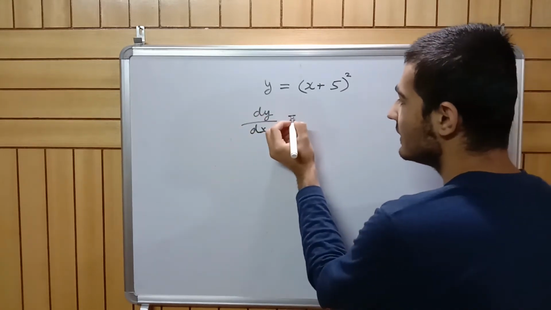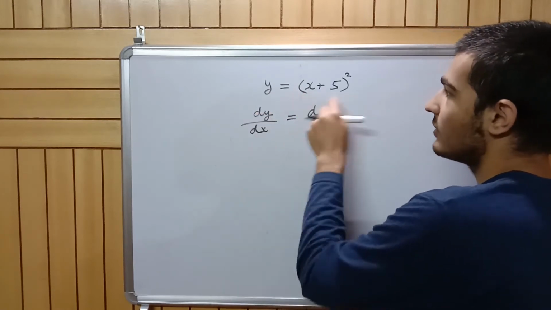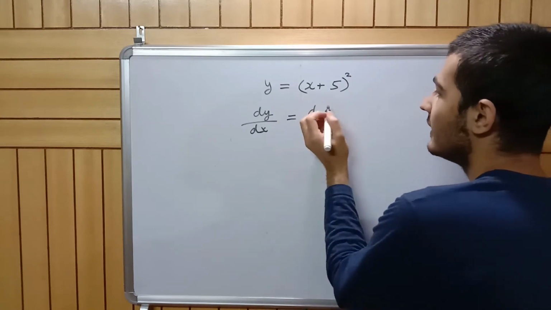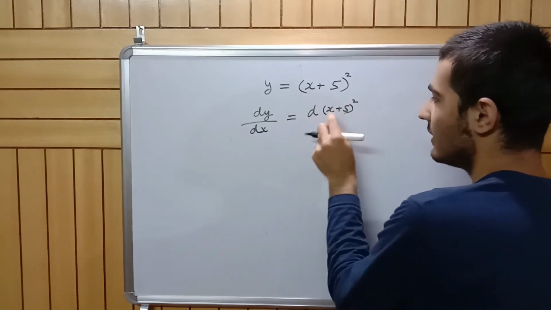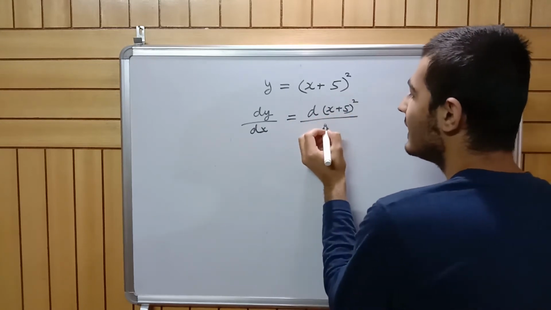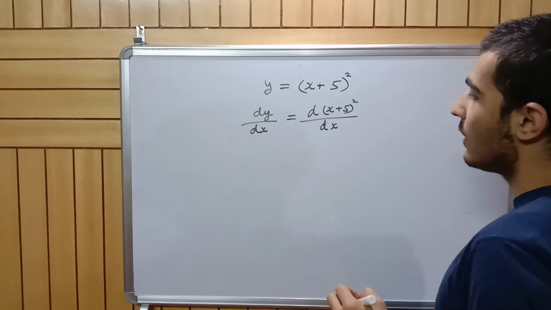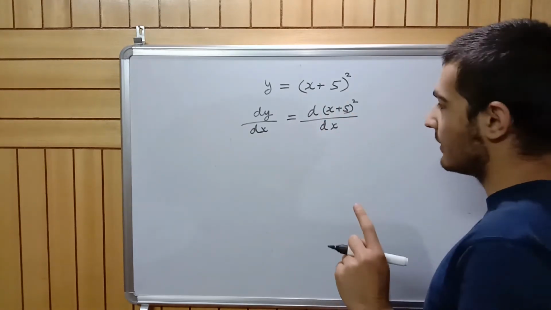So what do I get is d of, so dy, and y equals this. So instead of writing y, I write x plus 5 whole square. So d of this whole thing, a small change in this whole thing, divided by dx. Now I don't know how to solve it directly, so I do a small trick.